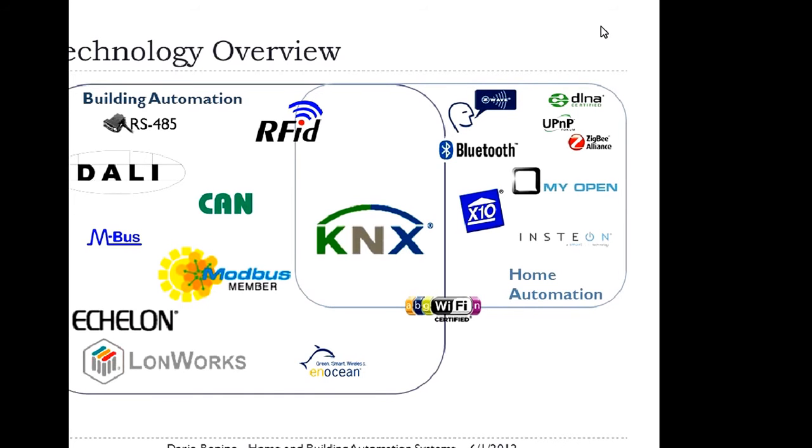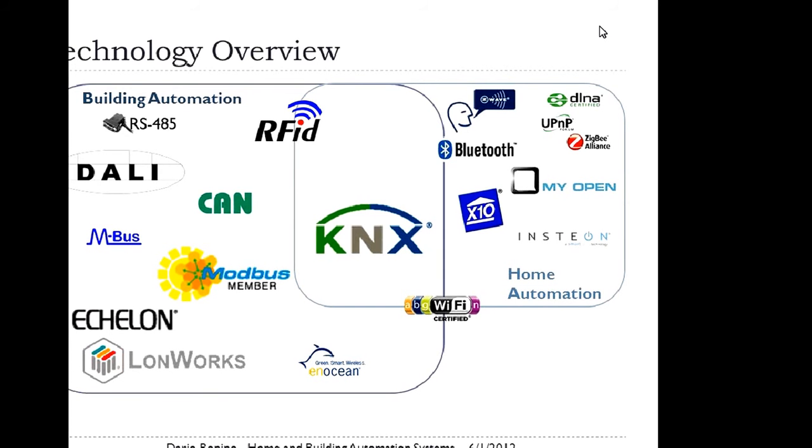And then there are many other standards. Some of them are industrial. So if you think of CAN, MBus, Modbus, they are coming from the industry. CAN is widely used for real-time automation inside the industry. So for example, almost all vehicles have inside the CAN network managing the different subsystems.